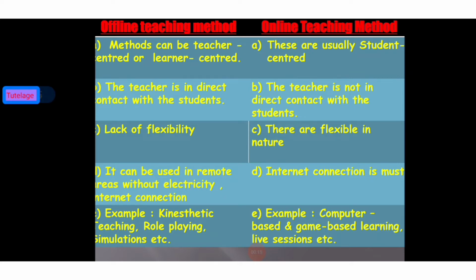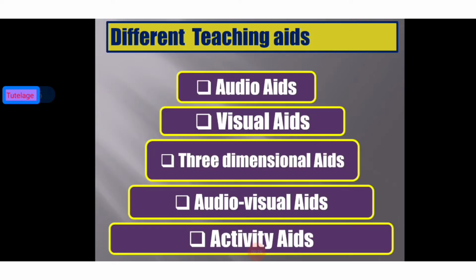So now we are going to start another topic, that is teaching aids, the types of teaching aids. Okay, so now move on to the next slide. Here we can see some types of teaching aids. There are five types of teaching aids which are used in both the offline and online modes of teaching.